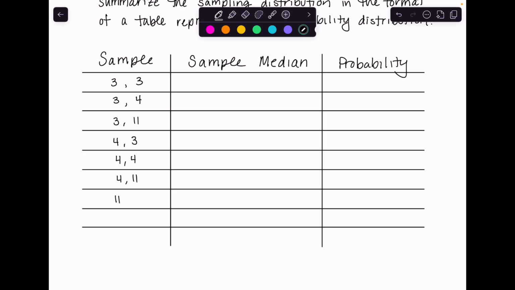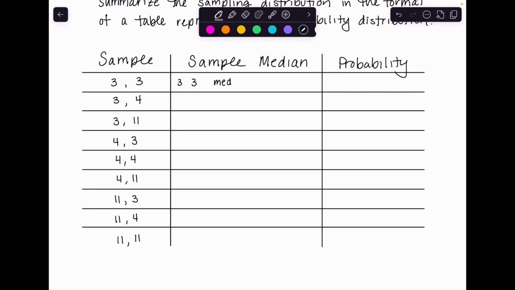And then finally 11 can get paired with 3, with 4, and with itself. So if I want to find the sample median, I need the median of these 2 values, which means they have to be in numerical order. Unfortunately, I don't have a number in the middle, so to find the median, I'm going to have to sum these up and divide by 2.